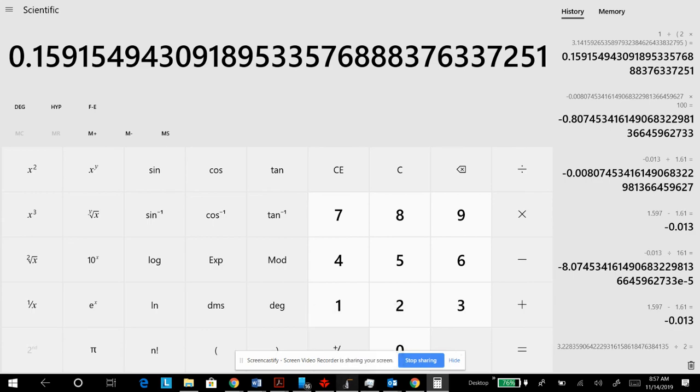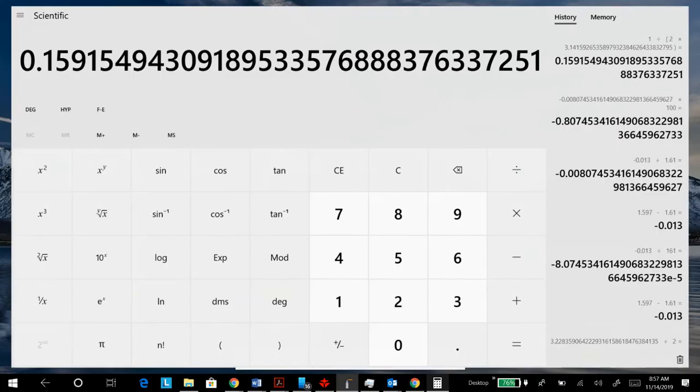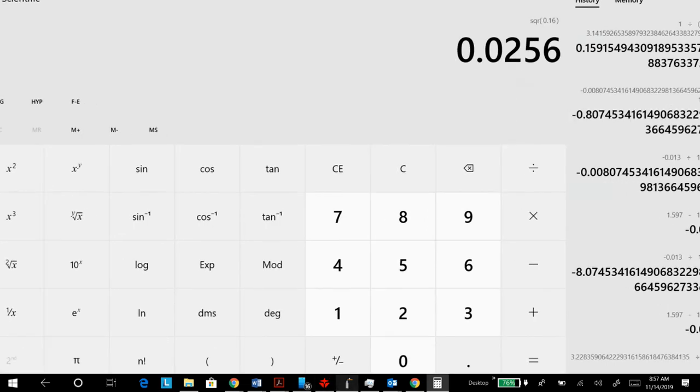0.16. So I'll go back here. This should be 0.16 equals L over 10. I can square that and then square this. So now I can go 0.16 squared equals 0.0256. So I go back to this.